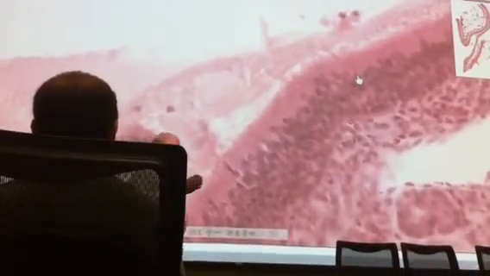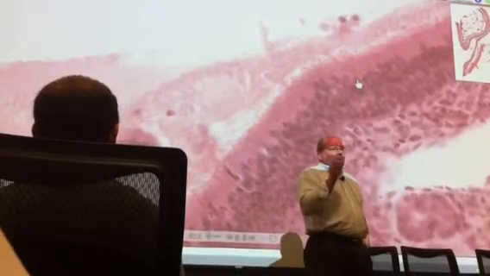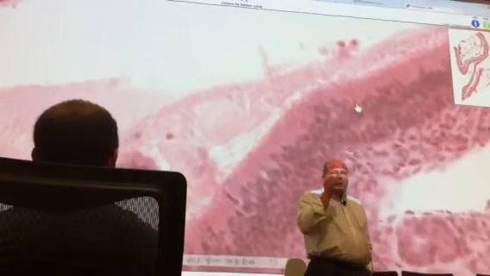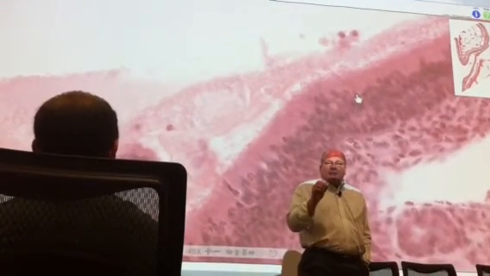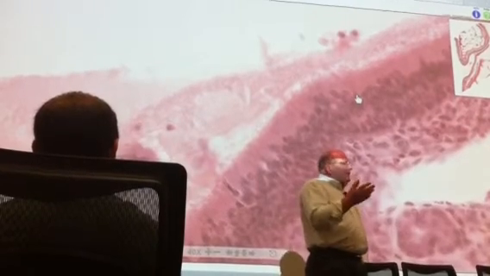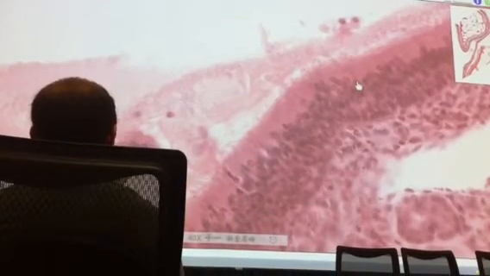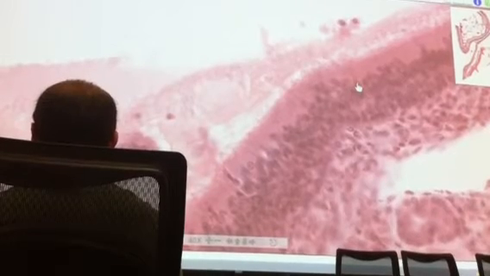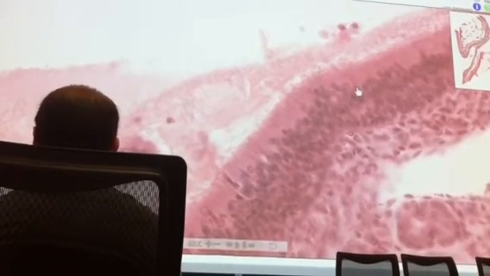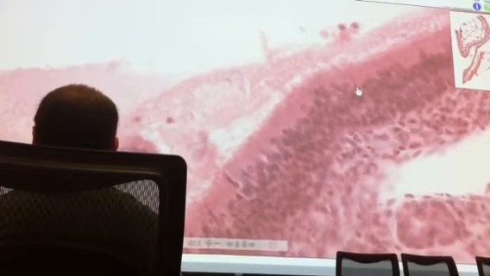Because what I want is, when you answer a question on the test, make sure it actually makes sense. It's amazing to me, especially on the practical, let's say I pointed at cardiac muscle cells, and then I also pointed at an intercalated disc.